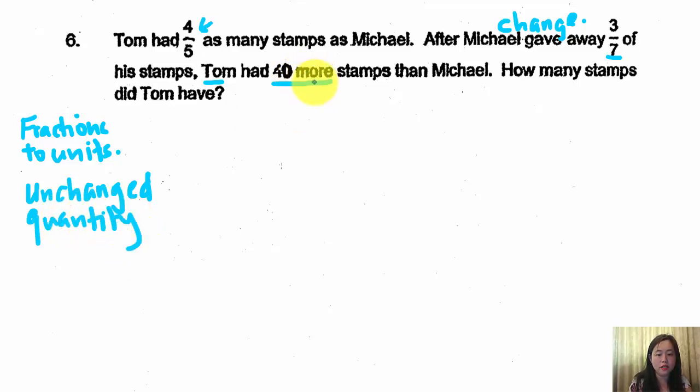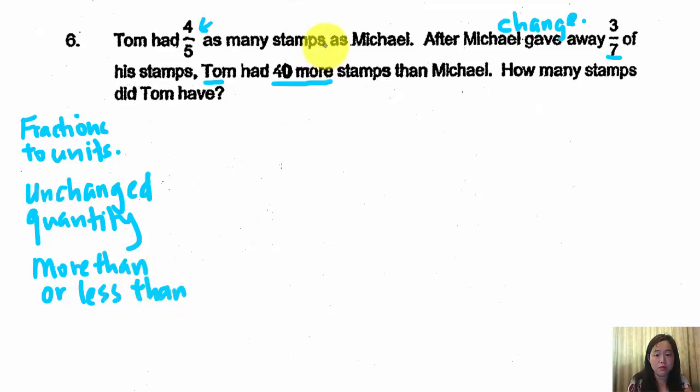And of course, there is a more than or less than concept here. To do this type of question well, the best way is to use the unit table and draw a table out so that you are very clear about the relationship of the parts in the story.